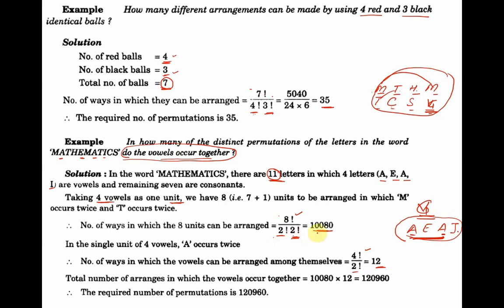So the 8 units can be arranged in 10,080 ways, and within the vowel group unit, the different characters can be arranged in 12 ways. So the total number of ways is 10,080 multiplied by 12, that is 1,20,960. So the required number of permutations is this.